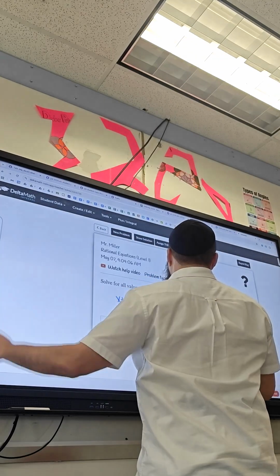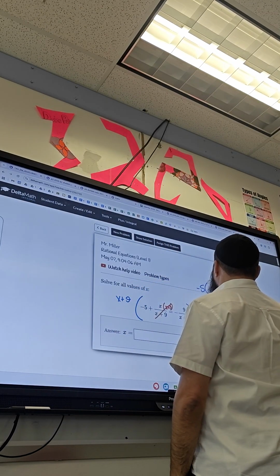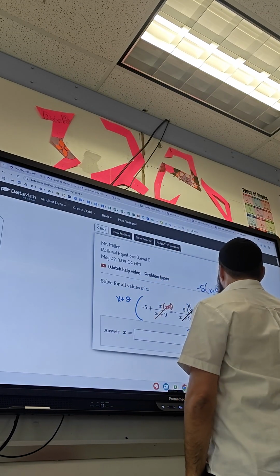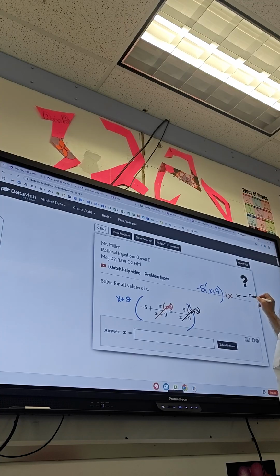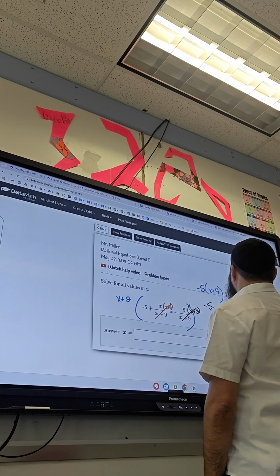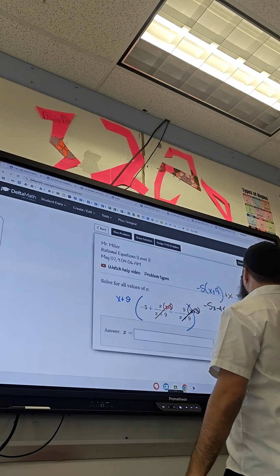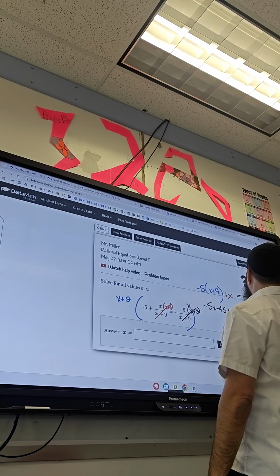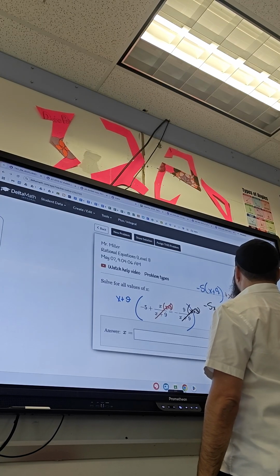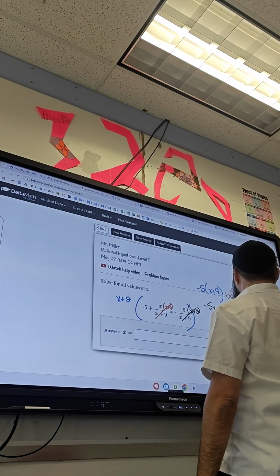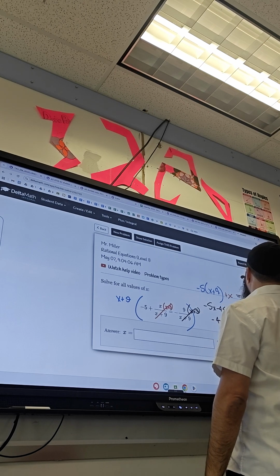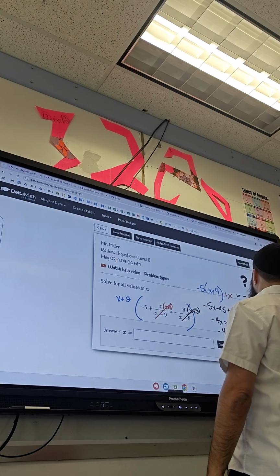Same thing here, it cancels out, so equals -9. So we get -5x minus 45 plus x equals -9. So -4x equals 45 minus 9. So -4x equals 36.